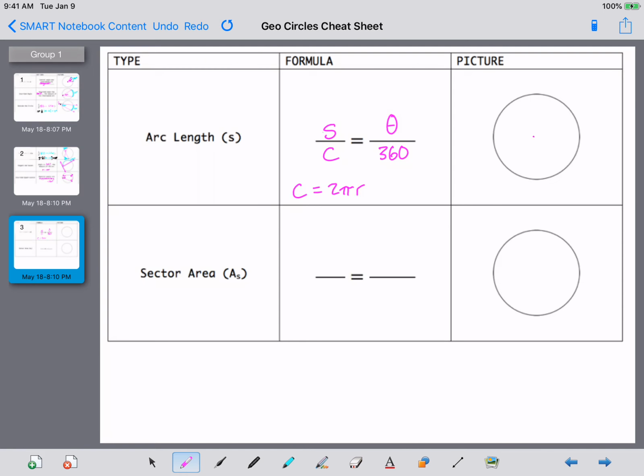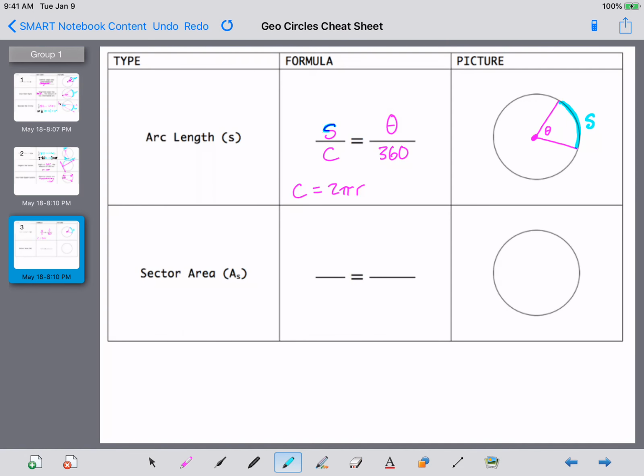So in your circle here, it might help to draw this out. Draw yourself an inscribed angle, and then theta is however many degrees they give you for that. S then is this length, the length of that arc.